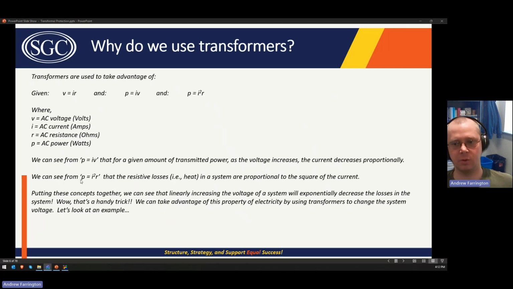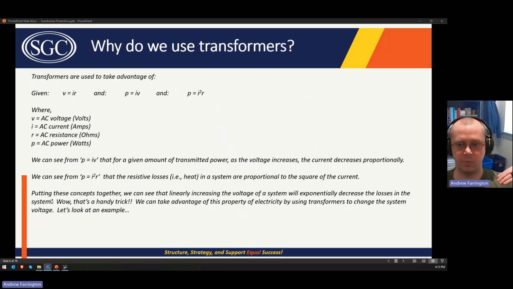And given that the resistive losses are exponentially related to the amount of current going through the circuit, you can see that for a linear increase in voltage, you get an exponential decrease in losses.